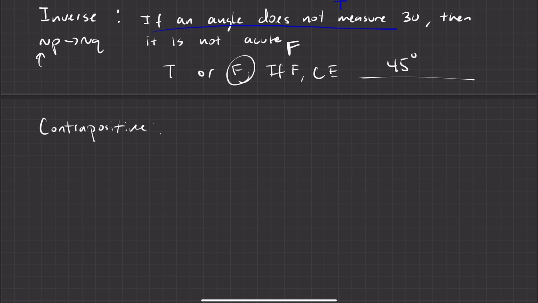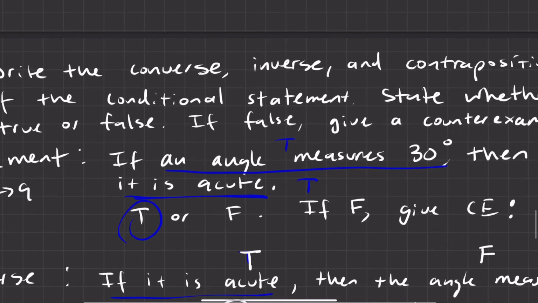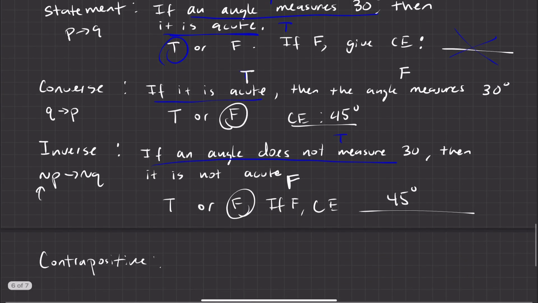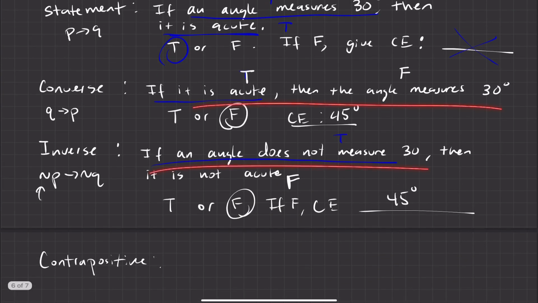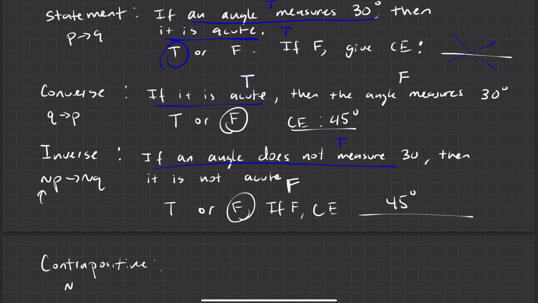Here we go, contrapositive. So the contrapositive of this conditional statement that I'm still using, okay? Now I don't need to look at these anymore. I'm going to look at the conditional statement that it gives me. My goal here is to write the contrapositive, which is in the form, if not Q, then not P. So I would write, if an angle is not acute, okay, I'm flipping and then writing the negation.